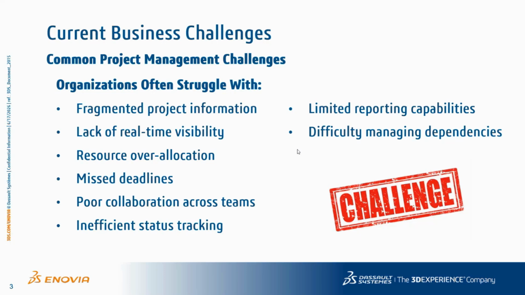Lack of real-time visibility, resources are being over-allocated, your deadlines are being missed, there is poor collaboration across teams, maybe with your cross-functional teams, your design team. So any team you want to collaborate together, there's poor collaboration across teams, insufficient status tracking, limited reporting capabilities, and difficulty in managing the dependencies. So these are the major project management challenges which are often faced by most of the organizations.